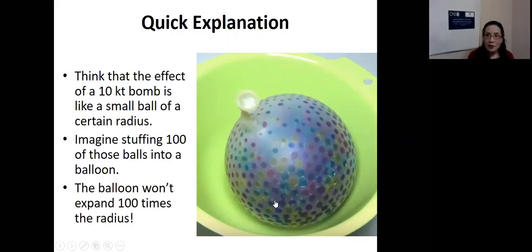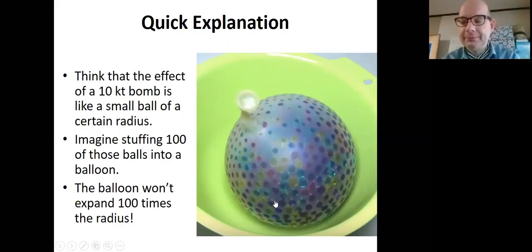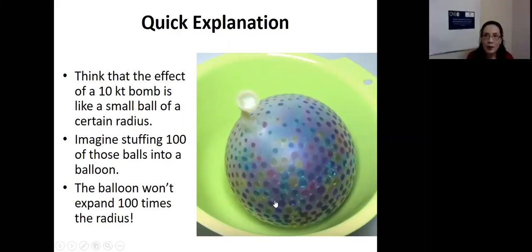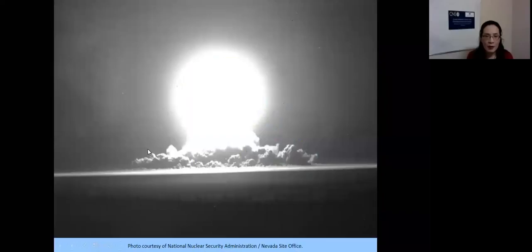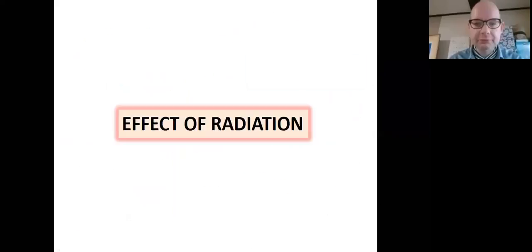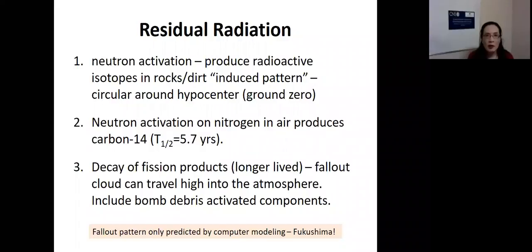You also explained very well about the residual radiation, because we often hear some people asking why people in Hiroshima were able to go back to the city so quickly, and some people wrongly understand that Hiroshima is still radioactive, which is totally wrong.